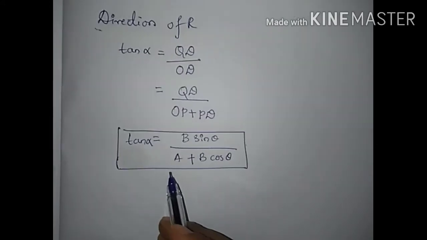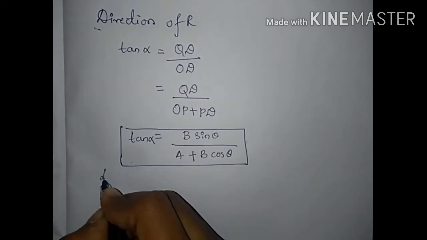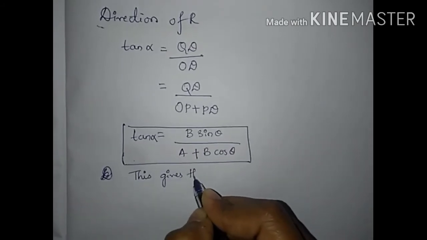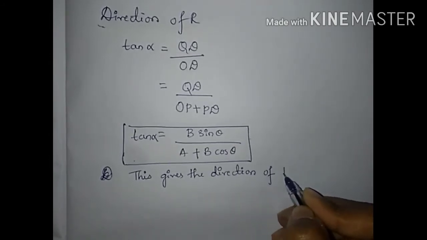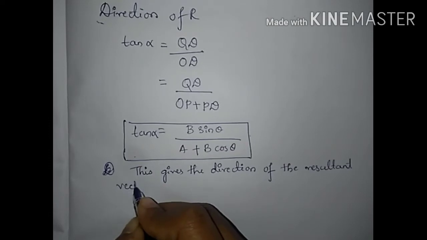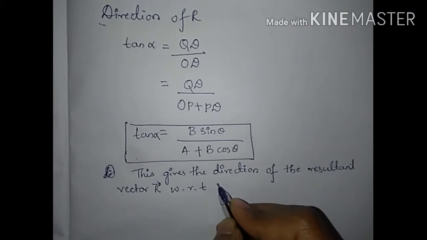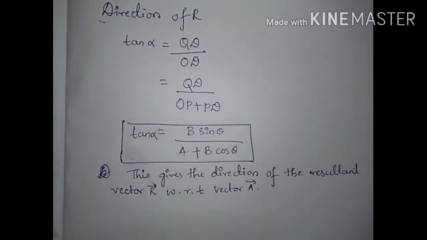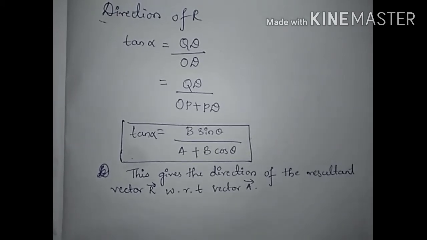This formula gives the direction of the resultant vector R with respect to vector A. We have found the direction of the resultant vector R with respect to A.